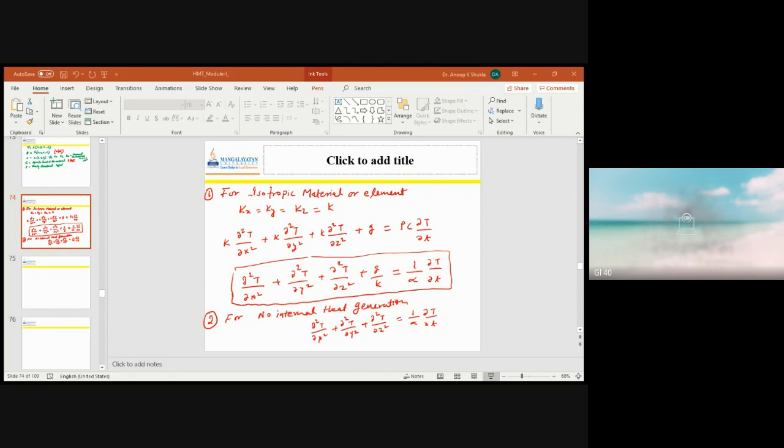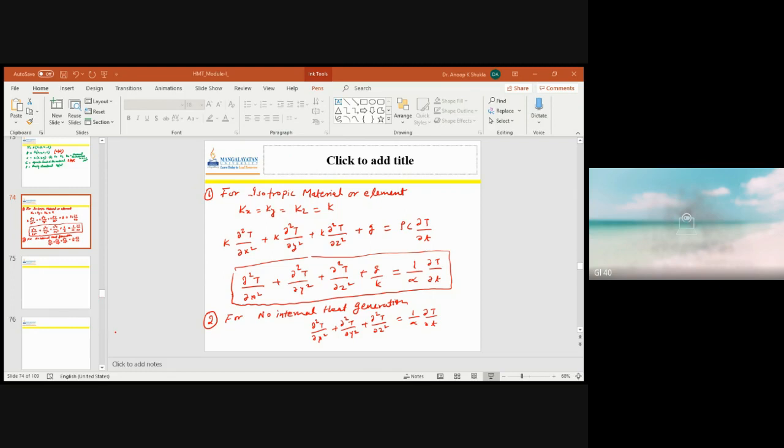when we apply the heat balance equation and calculate the net rate of heat conduction coming into the element and leaving the element, and then take the energy balance, after applying it we will get this final relation.